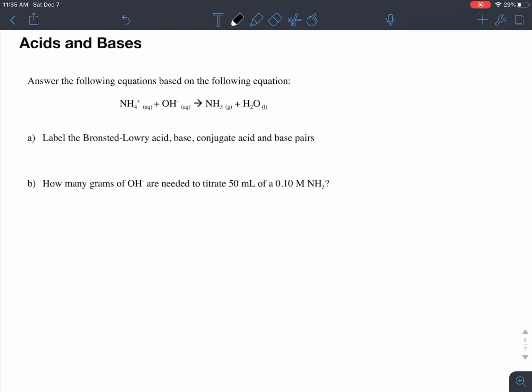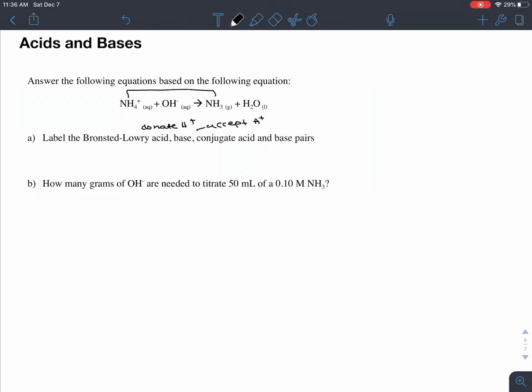Acids and bases. Answer the following based off of the equation below. Label the Bronsted-Lowry acid, base, conjugate acid, and conjugate base. Okay, so a Bronsted-Lowry acid is one that donates a proton, and a base accepts a proton.